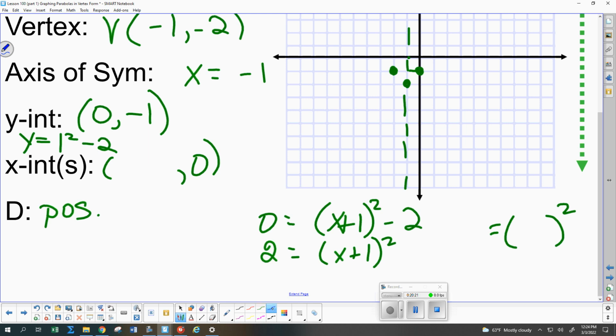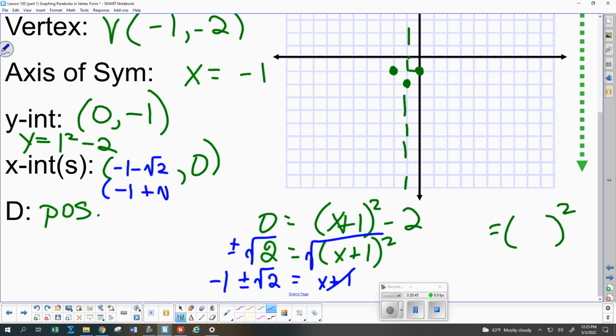Square root of both sides, but with the plus or minus, which means I have x plus 1 is plus or minus root 2. So what do I do to have that be just x? Subtract 1. So I have one of my x-intercepts is (-1 minus root 2, 0), and the other one is (-1 plus root 2, 0). Are those easy to plot? Not for me anyway, so I'm not going to use those as my fourth and fifth point.